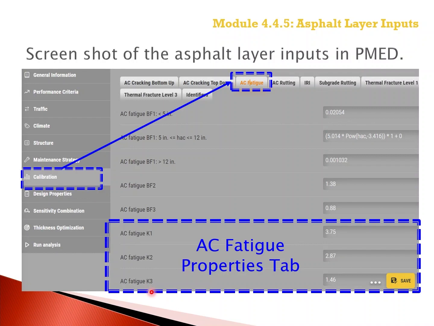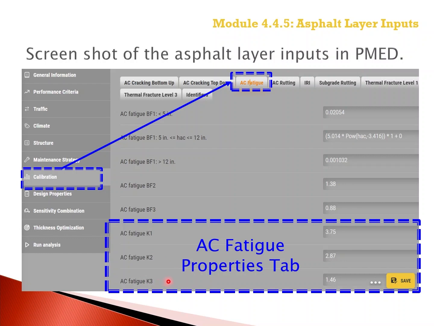There are two other asphalt layer material properties needed for the PMED software, and both are located in or under the calibration folder. Under the calibration folder, the AC fatigue properties tab includes the fatigue strength coefficients defined as K1, K2, and K3.